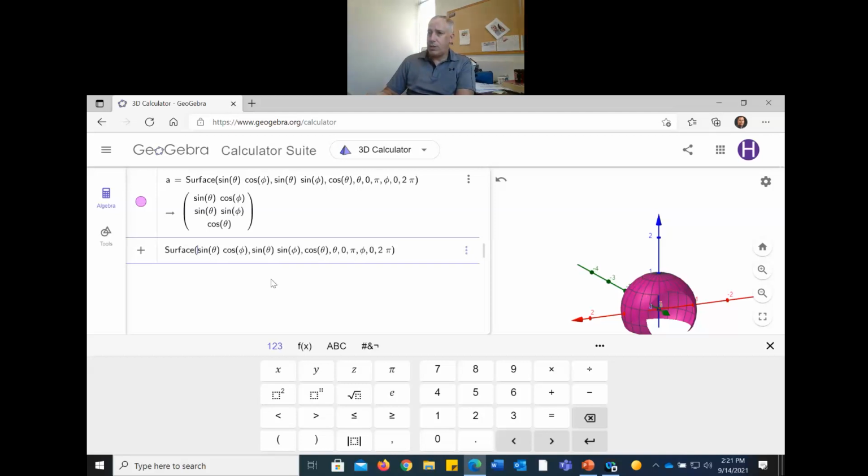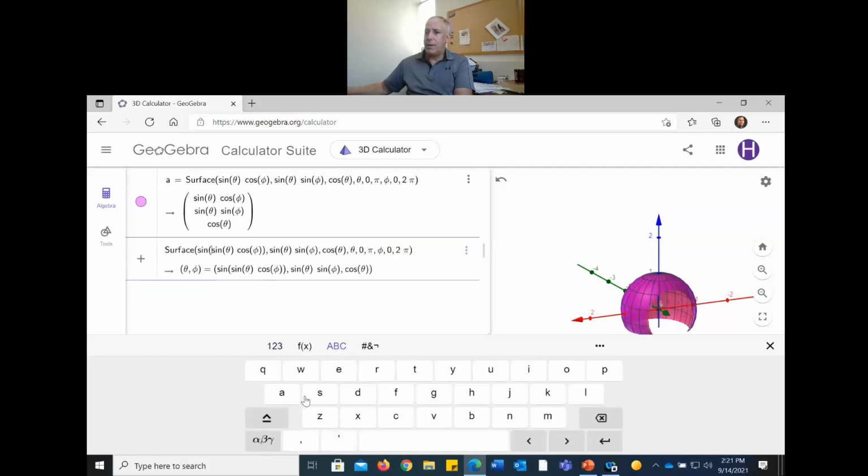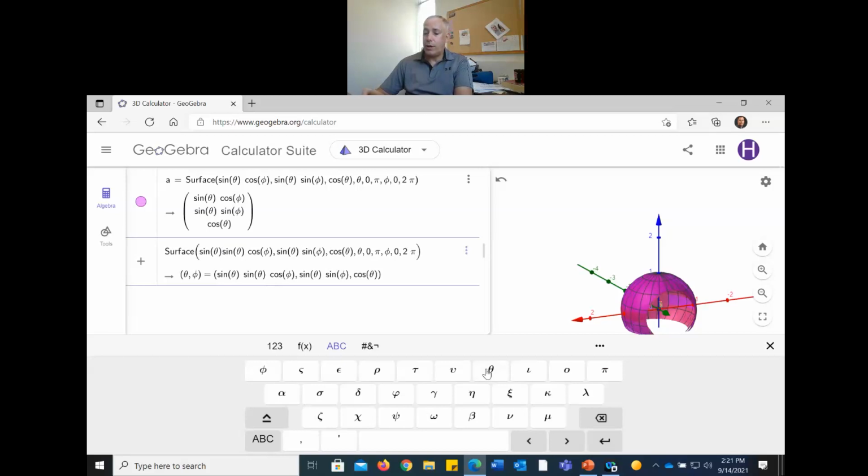So sine of theta, put here theta. I'm just going to close it here, and then the little hat to do square, and then use the arrows to go down again. Cosine of phi, just take phi here, and that will also be squared.